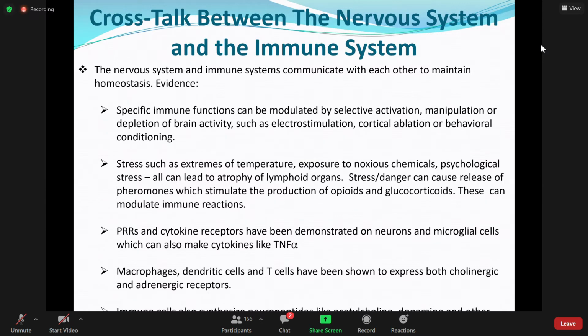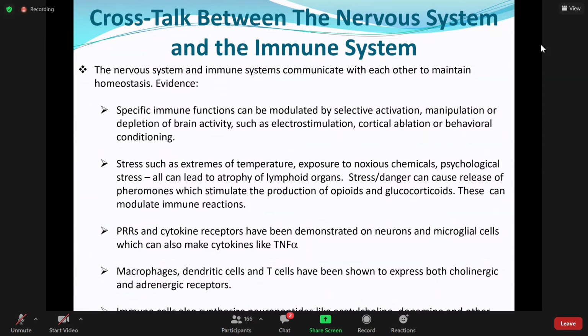And the mechanism behind this is that we now know that these lymphoid organs are innervated with sympathetic nerve fibers. And lymphoid tissue itself is affected by neuropeptides and neurotransmitter signals coming from these connections.